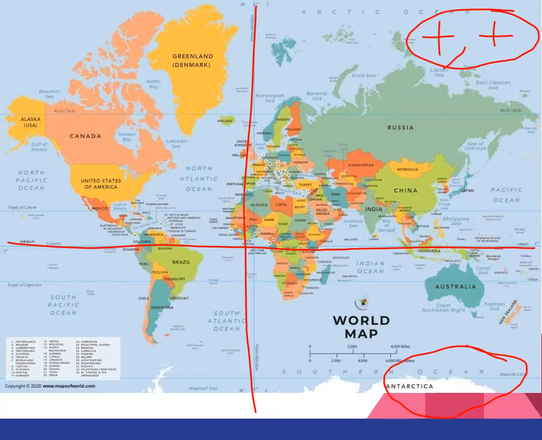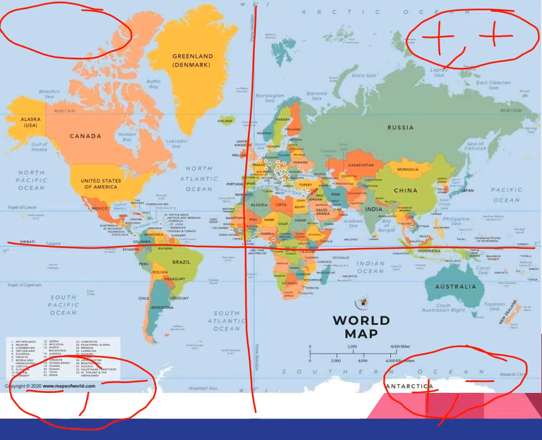Down in this quadrant, you're moving to the right, so you have a positive number, and then you're moving down, so you have a negative number. In this quadrant, you are moving to the left, that's negative, and you're moving down, that's negative. And in this quadrant, you are moving to the left, that's negative, and then you are moving up, that is positive.